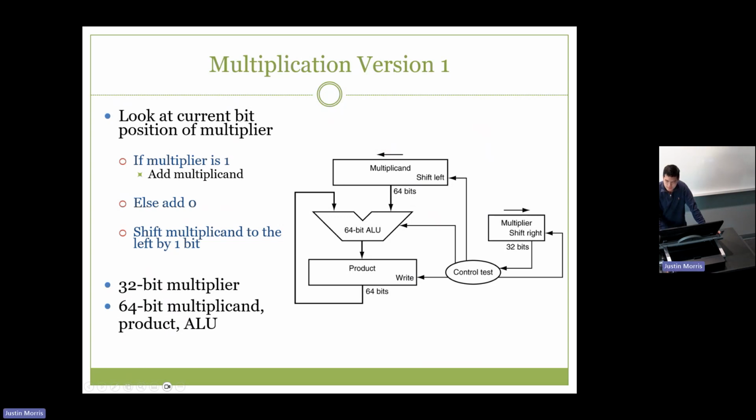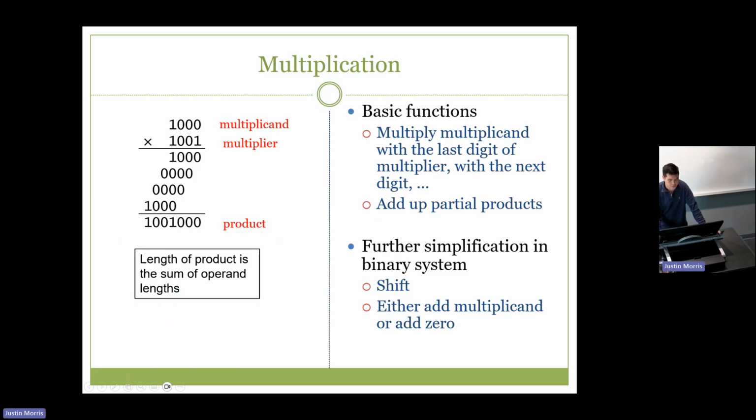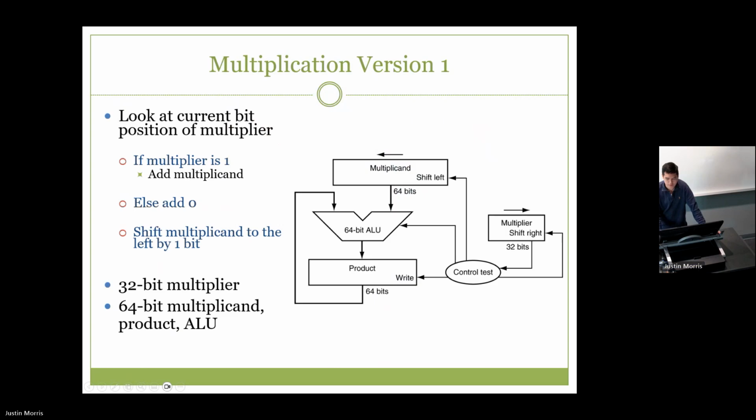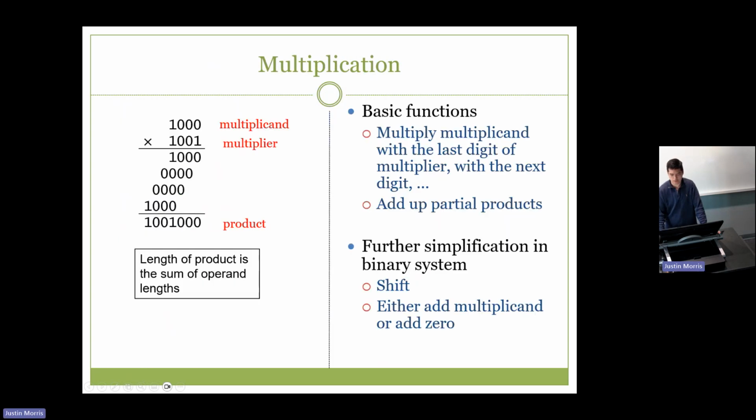So we get the first bit out of here. That tells the control, am I going to be adding the multiplicand or 0 to the product? Right. So if we go back to here, our first bit was 1. In here, we would have 8. So that would tell this ALU, add 8 to product, which is currently 0, right? Then the next bit is 0. The multiplicand would get shifted left by 1. It results into this, right? So it's shifted left by 1.